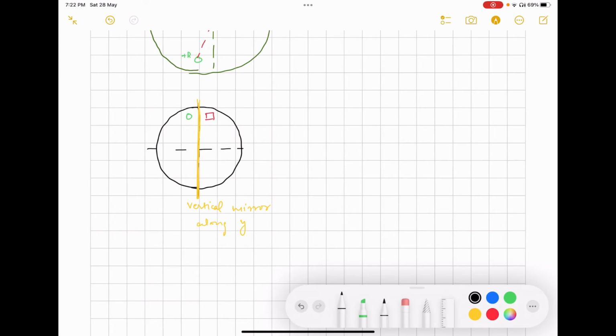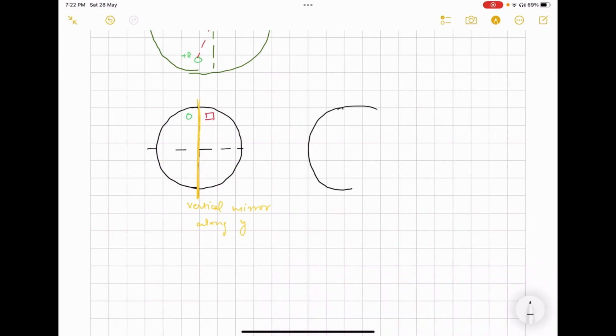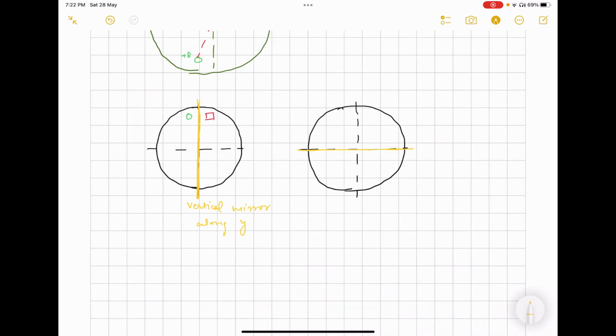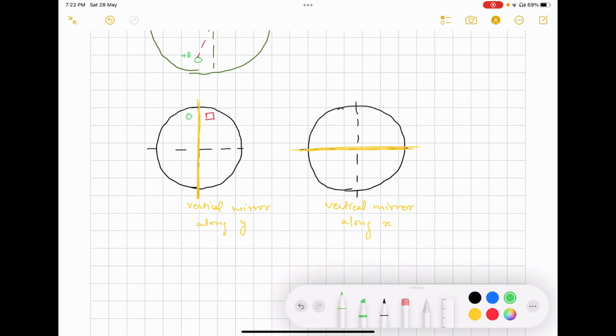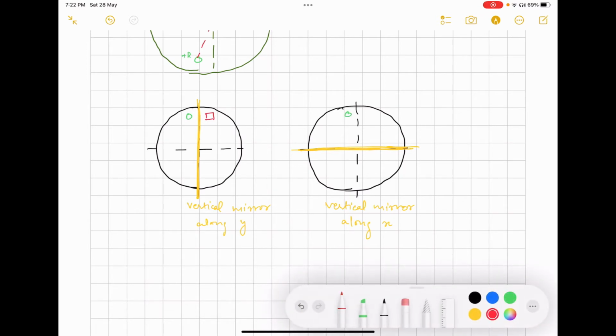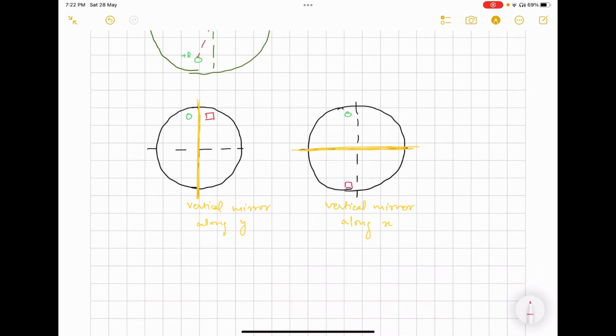Now, if you have a vertical mirror along x, then suppose you have a right-handed object here, then it changes to a left-handed object here.